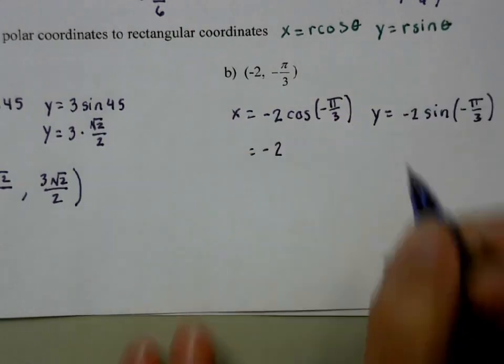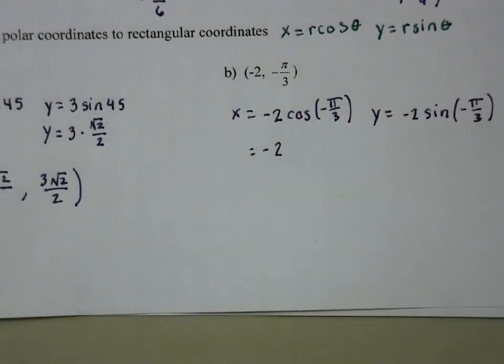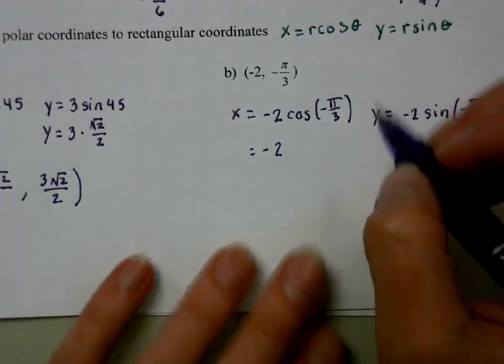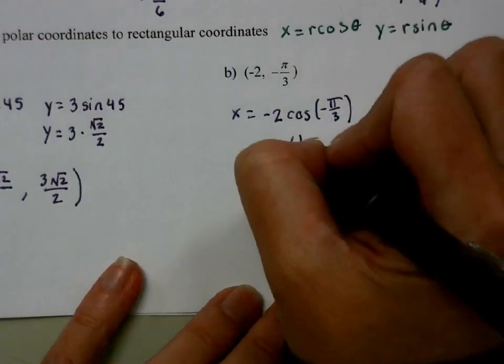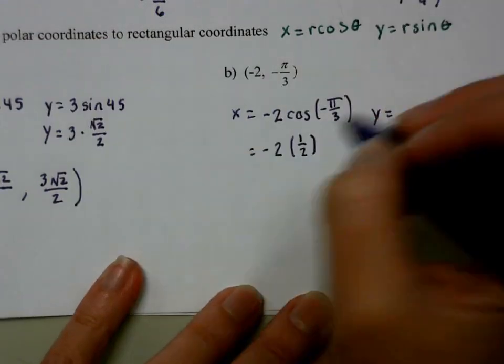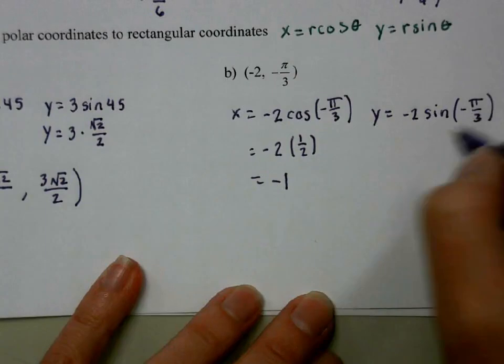So that's going to be equivalent to 5 pi over 3. So the x value there is 1/2. So this is negative 1. The y value there is negative root 3 over 2.